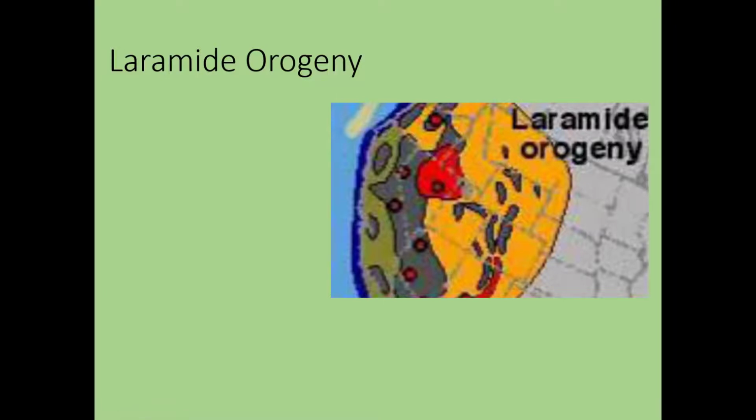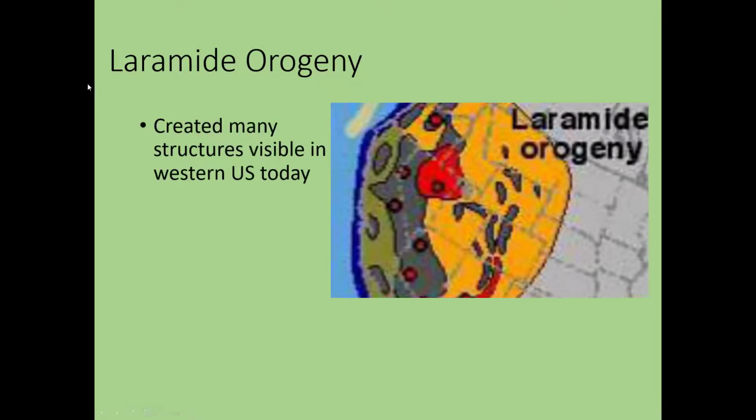The Laramide orogeny, though, is super important in terms of the way the western United States looks today. A lot of the most recognizable geologic structures that we see in the western U.S. are a result of the Laramide orogeny, including several of the things that we're going to talk about here, but not limited to them. So let's go.